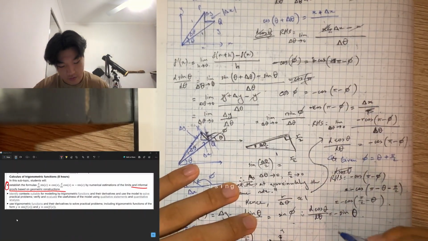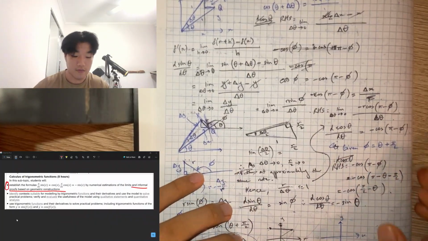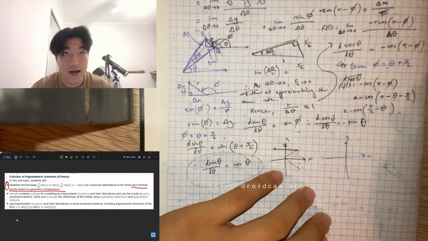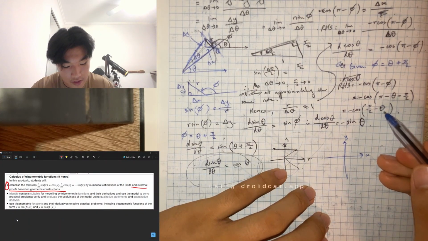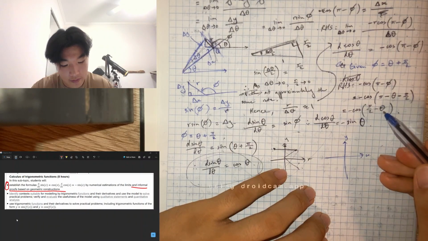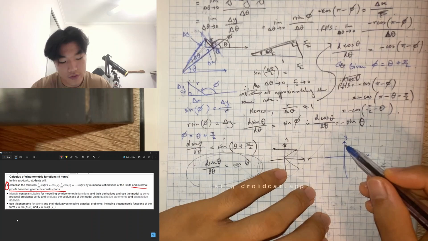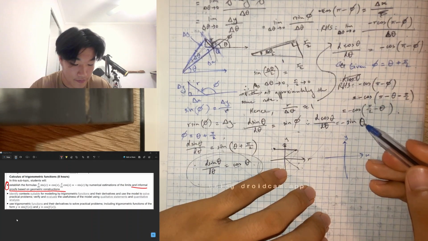Again, we can use something to double check that, right? So if we sub in theta equals 0, what do we get? It's negative cosine of pi over 2. Pi over 2 is just 0 for cos. And guess what?